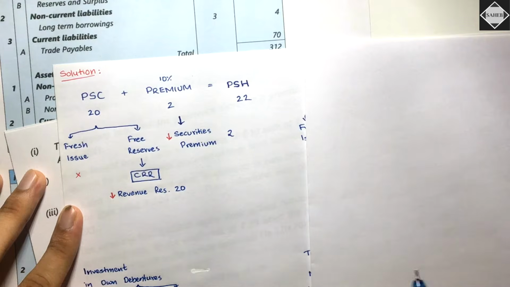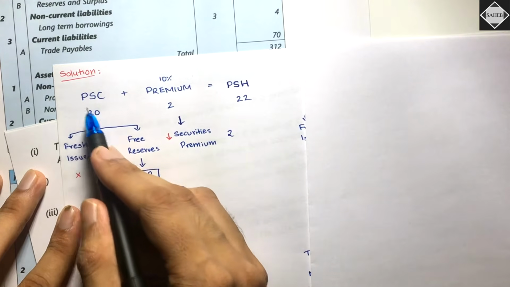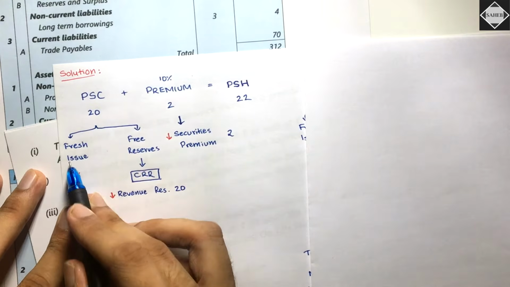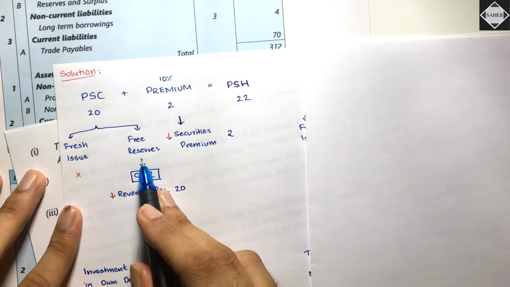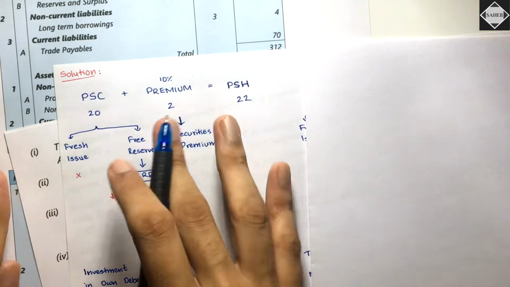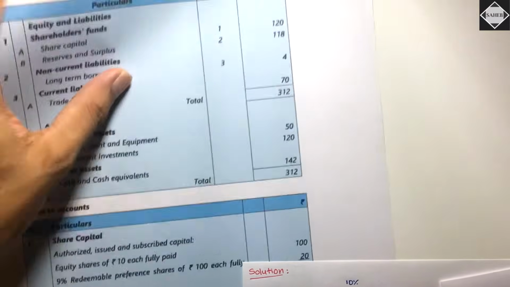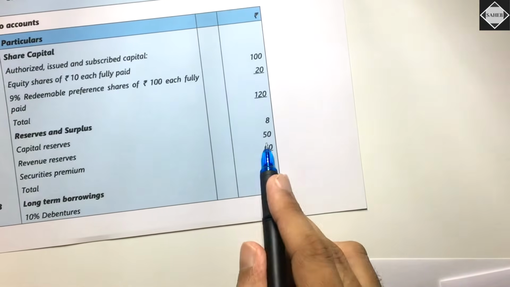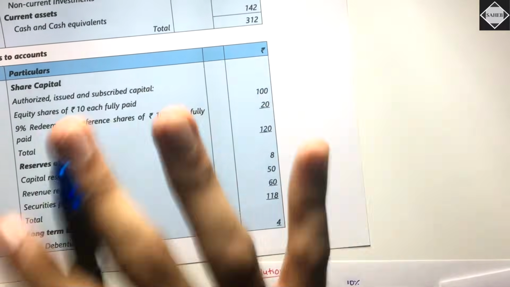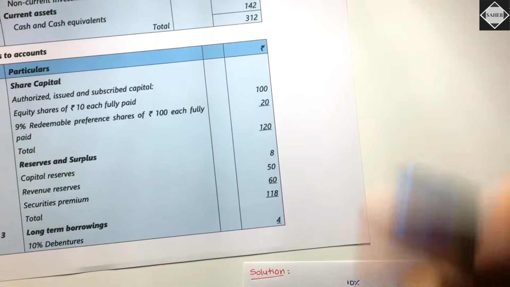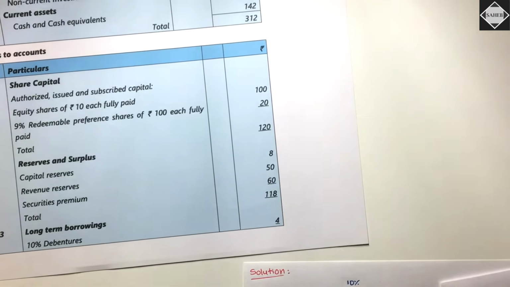Now first let's talk about the replacement of capital that can happen through either fresh issue or creation of CRR from the free reserves. Do we have any free reserve in this question? Of course we do. We have revenue reserve, isn't it? I showed you we have revenue reserve of 50 lakhs. Okay, and the question has not said anything regarding fresh issue of preference shares or equity shares, right?